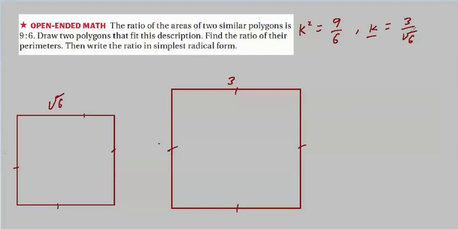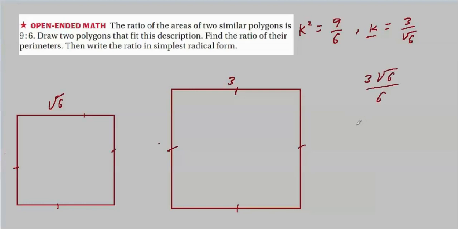I don't know if it's necessarily easier, but the simplest form always puts the radical up in the numerator. So, for instance, in this case, just multiply the top and the bottom by the square root of 6. And then we get 3 times the square root of 6 over 6.